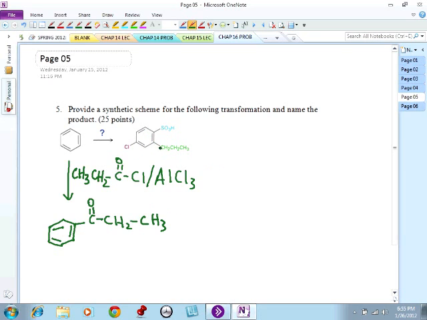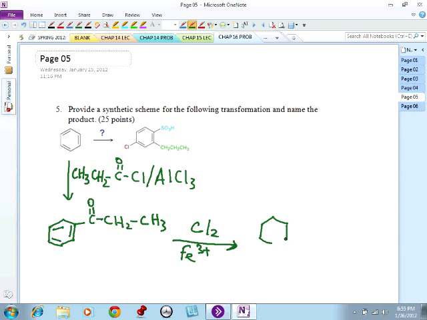So that is why you did the acylation first. Then you follow that with chlorination, with some iron 3 salt, okay? And then you get the meta relationship established, okay?